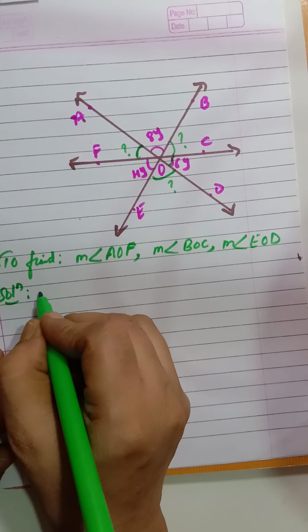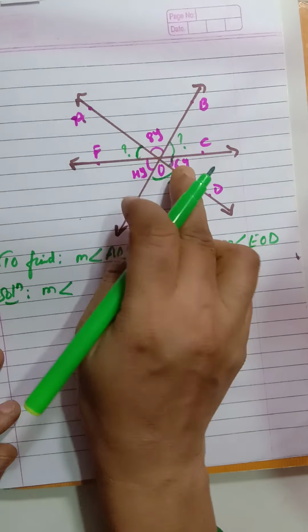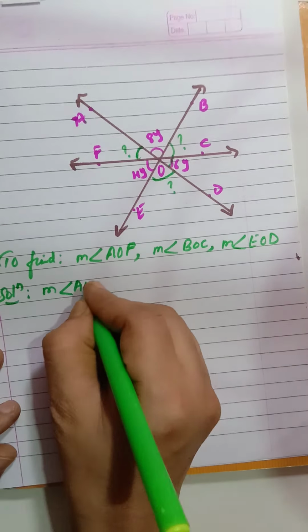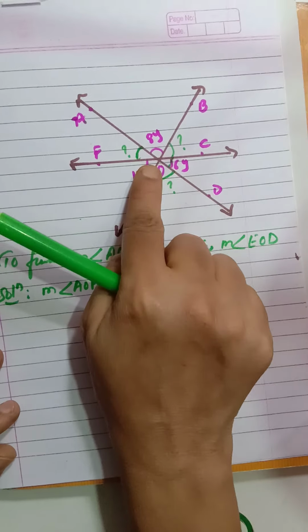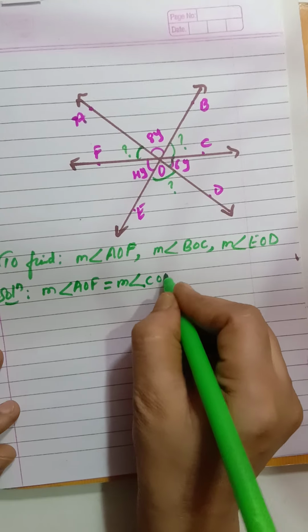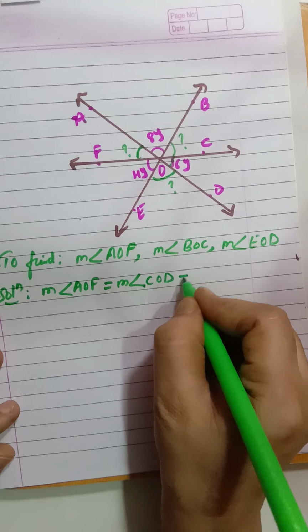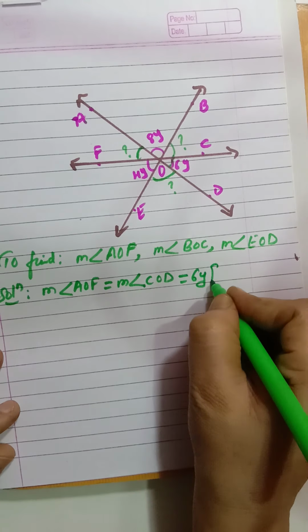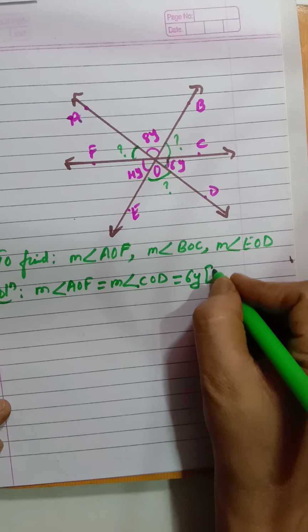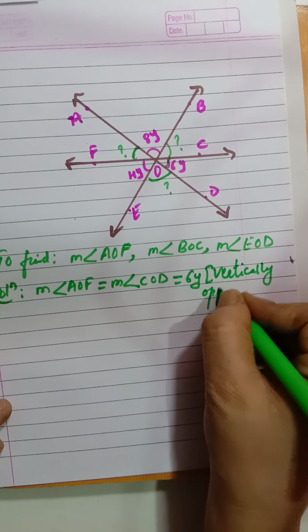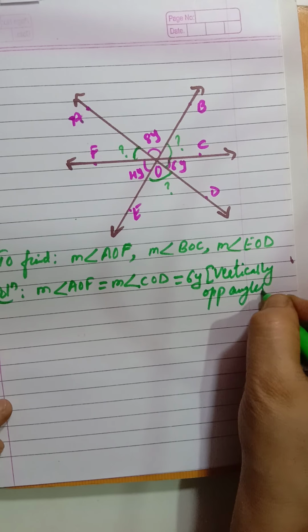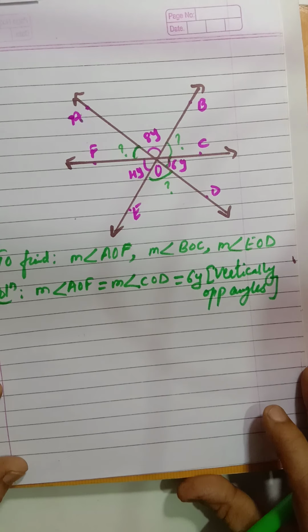We will write measure angle AOF is equal to measure angle COD, right? And that is equal to 6y. Reason? Vertically opposite angles.